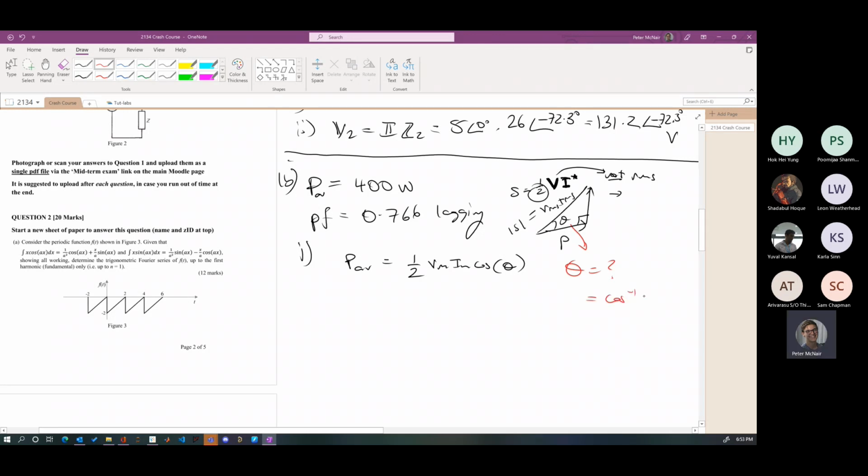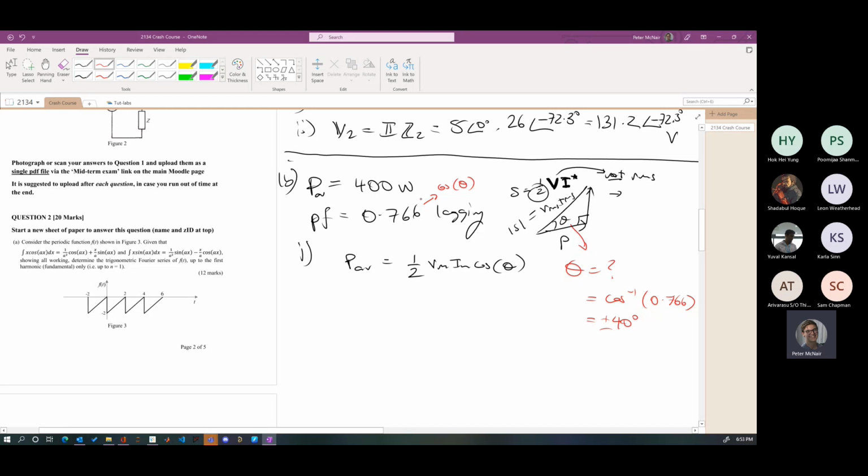Yep, the inverse cos of our power factor. Exactly right, because this is just cos theta. Easy. And when we spit this out, the inverse cos gives us 40 degrees. Now, is it plus or minus?